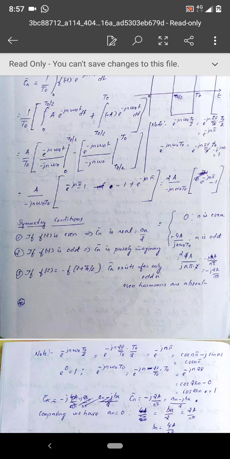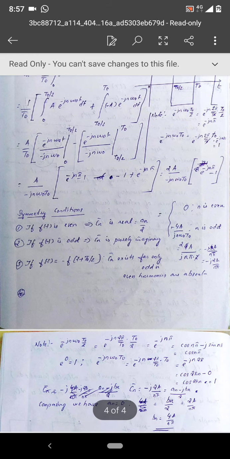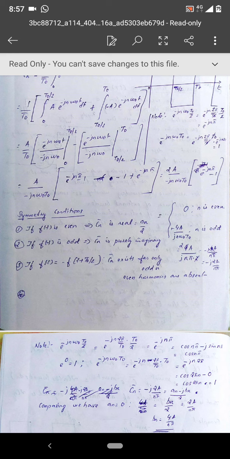That means all even order harmonics are absent. Now what is the case when n is odd? When you substitute n equal to 1, that becomes e raised to minus j pi. Then n equal to 3 becomes minus j 3 pi. Likewise, n equal to 5 becomes e raised to minus j 5 pi.